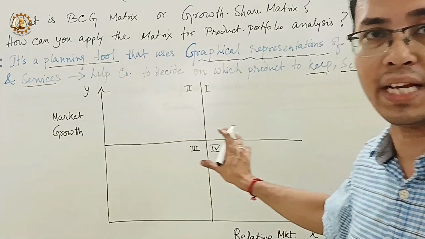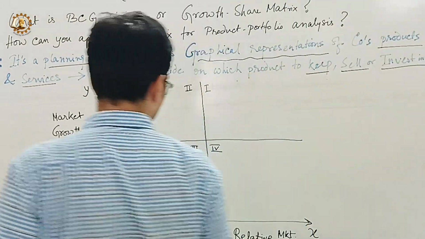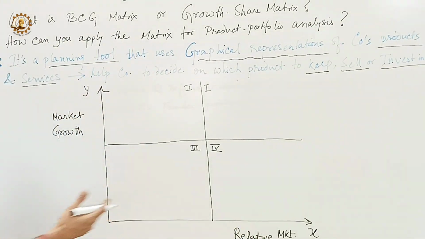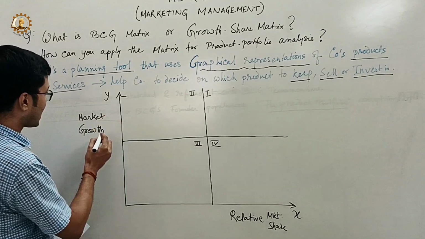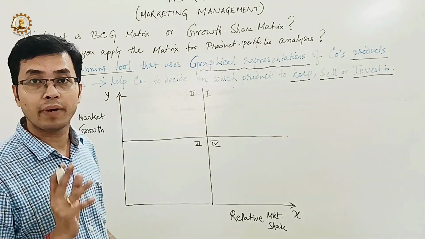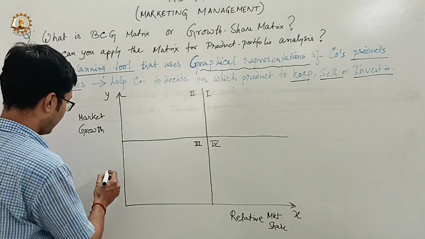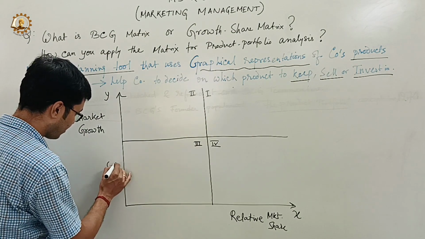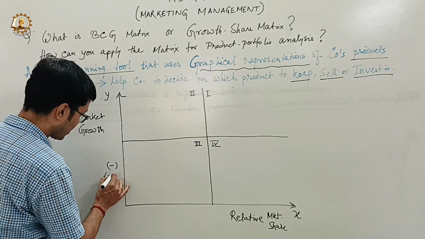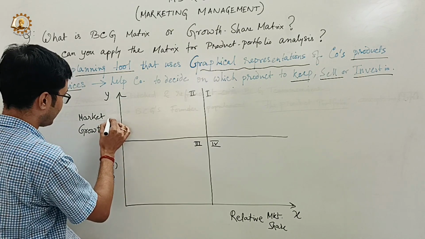You have to create something like that. For the values of these two axes, the y-axis will follow the normal graph. Here it will be low, that means negative. Here it will be high, that is positive.